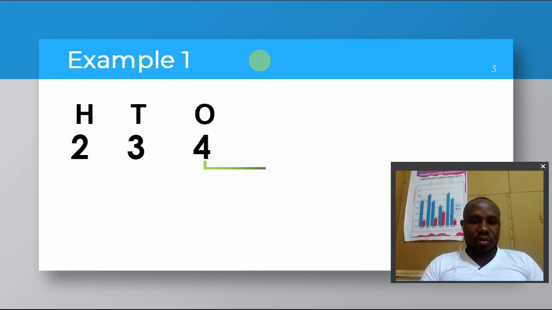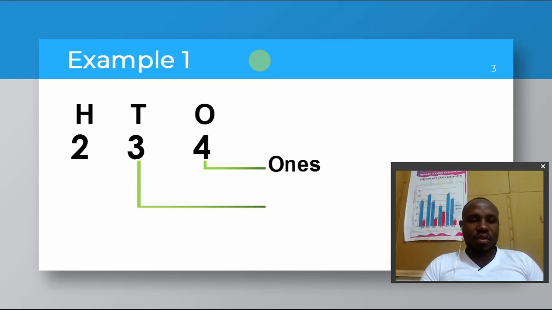The place value of 4, we have said, is ones, and we spell the word ones as O-N-E-S. Okay, then let's go to the second digit in the number. It is 3.